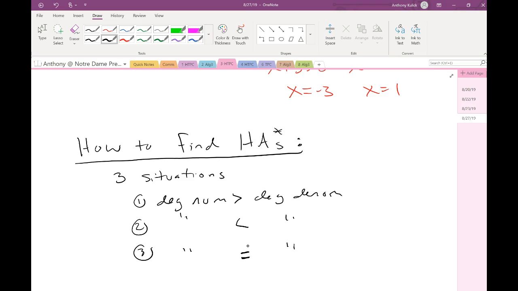Okay. In the situation that the degree of the numerator is greater than the degree of the denominator, that's where we get the slant asymptote. Do we have to worry about that for right now? Nope.